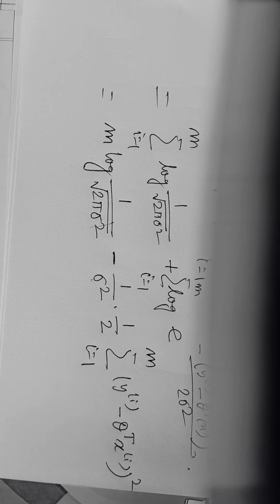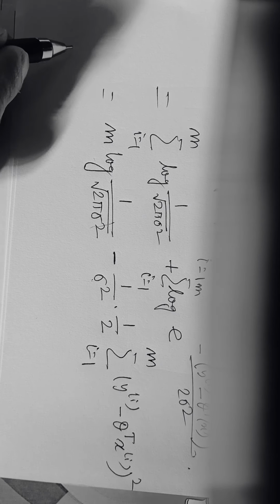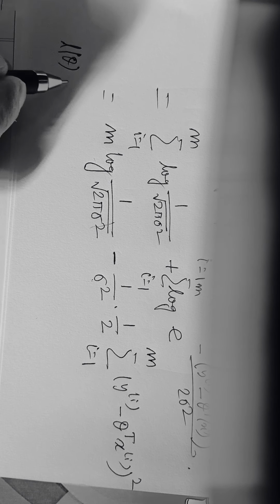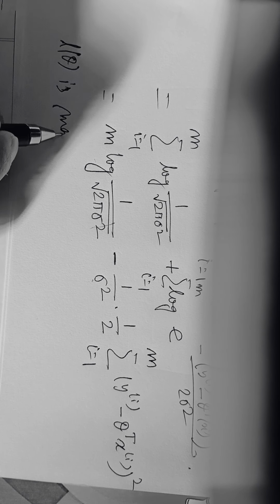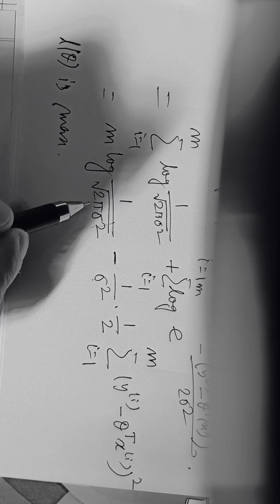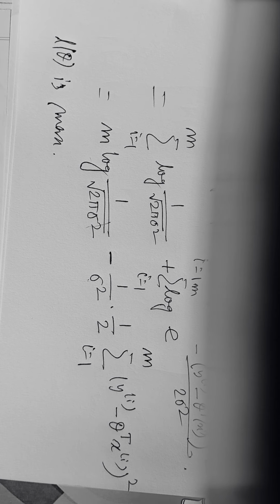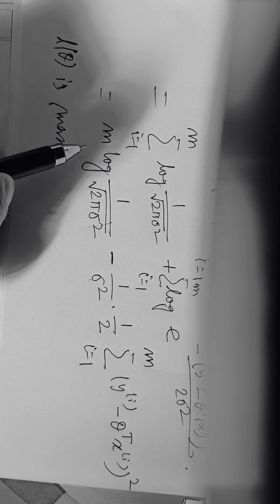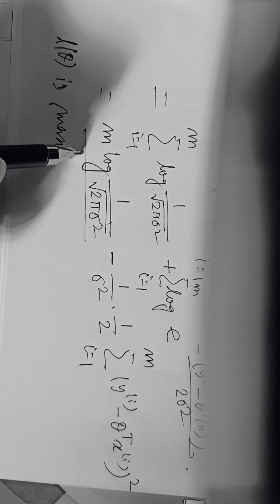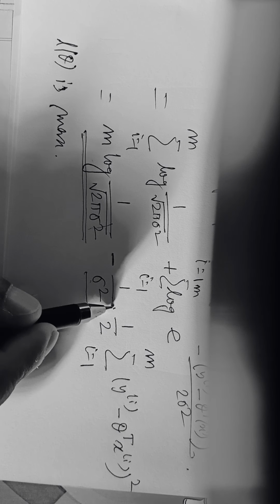Now think about this log L theta, that is small l theta, which is maximum if this term here, sigma, is not dependent on your data set because it is the variance. Similarly, this term is independent of your data set, and this term is also independent of your data set.